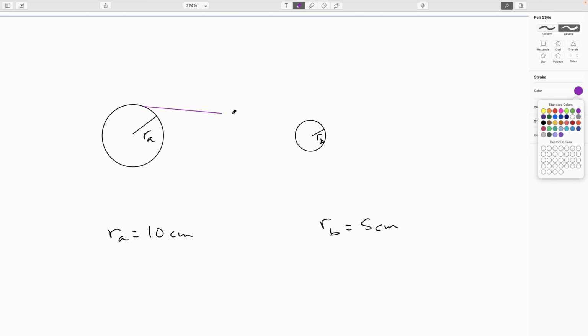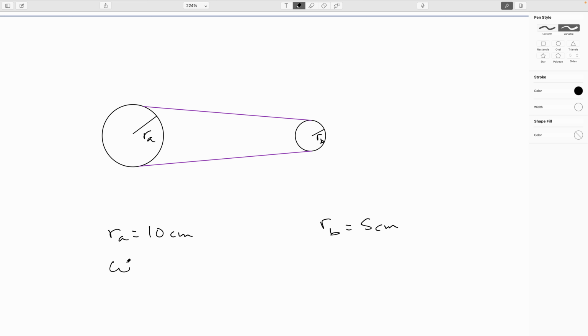Okay, there's my fan belt. So, if pulley A is turning at 10 radians per second, what is the angular velocity of pulley B?